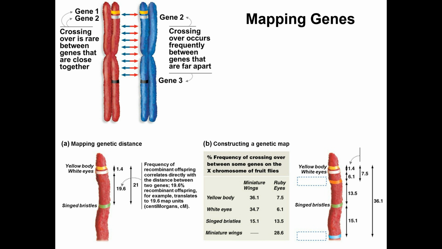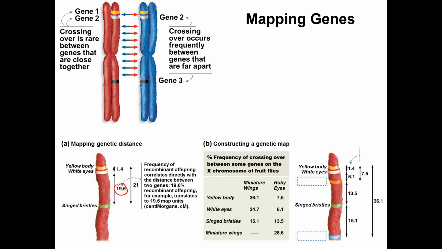Alright, so here, the frequency of recombination between two genes. Here we have singed bristles, eye color, and body color. The distance between singed bristles and white eyes is 19.6.